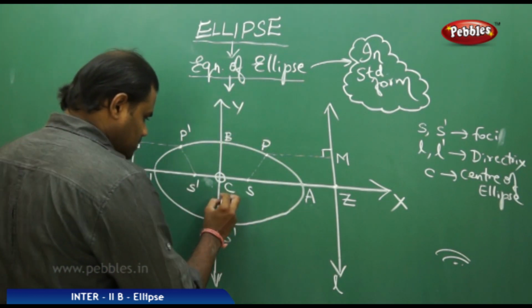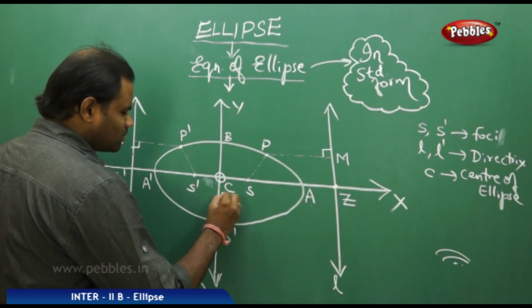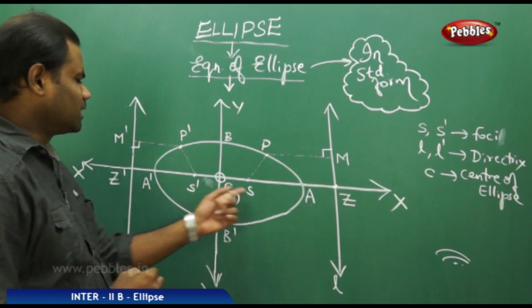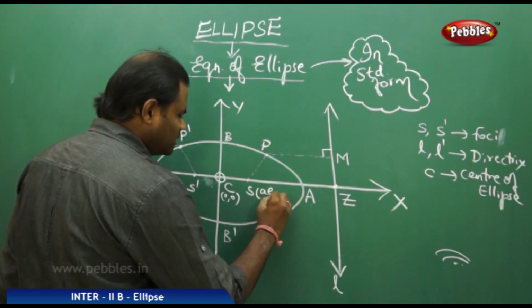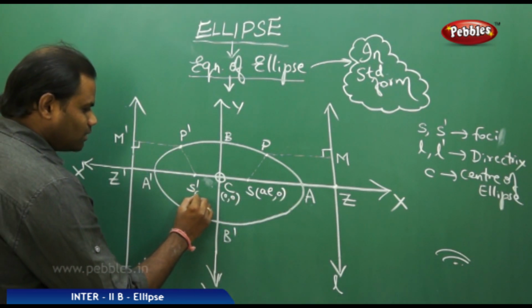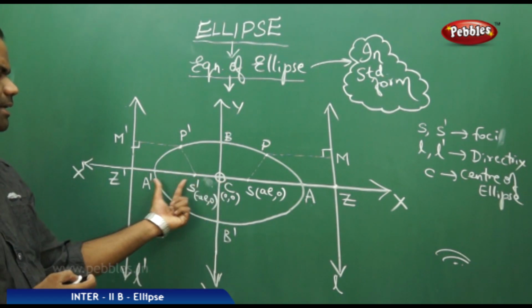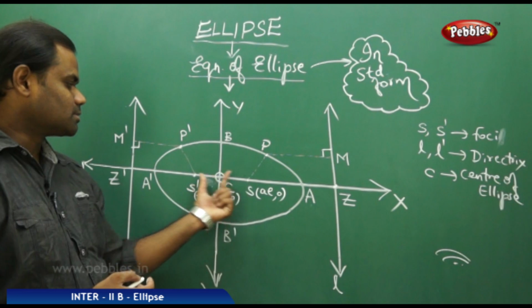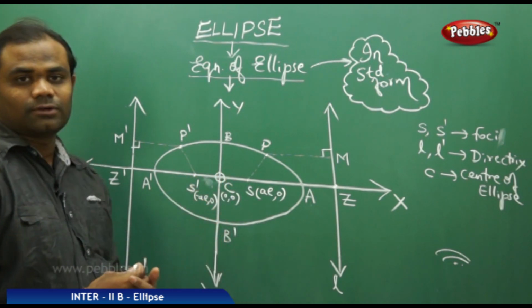So we know that the center is at the origin, so the coordinates of C are (0, 0), and the focus on the right is given by the coordinates (AE, 0). And the coordinates of S dash are (minus AE, 0), because it is exactly on the left, and this distance equals this. On the negative side, this will be (minus AE, 0).